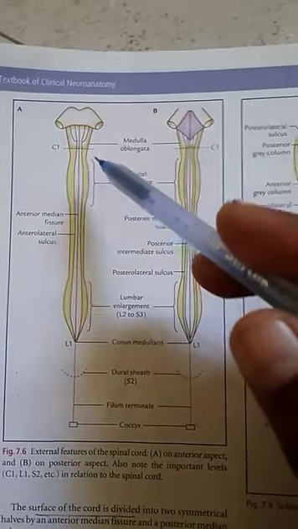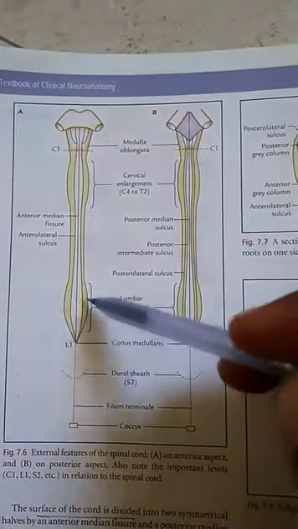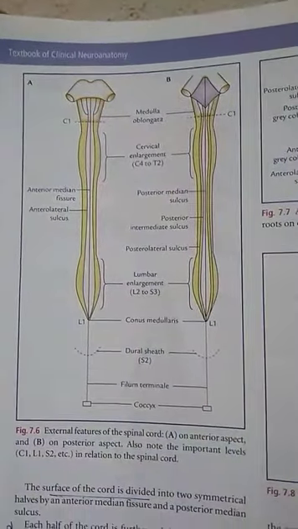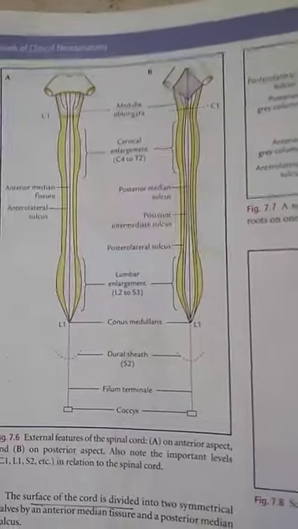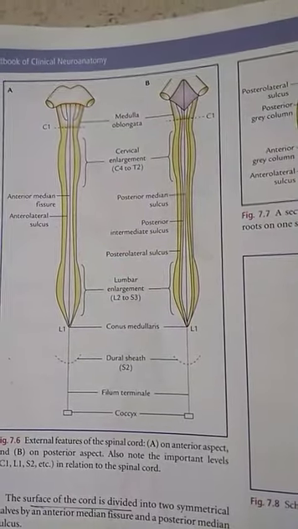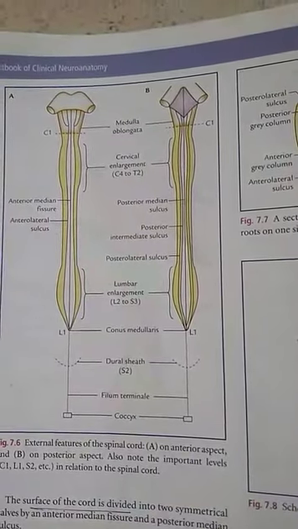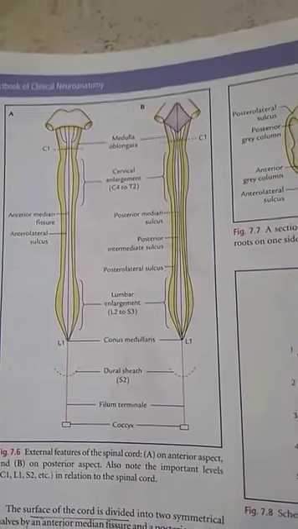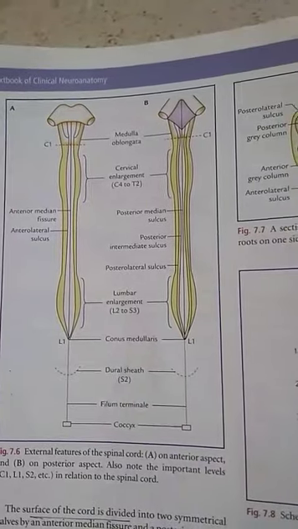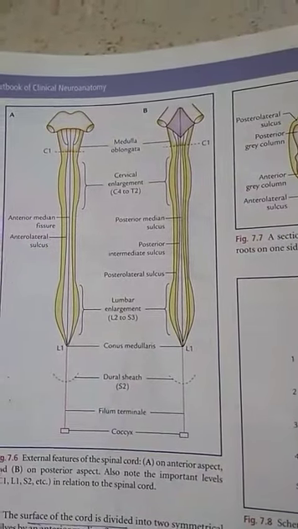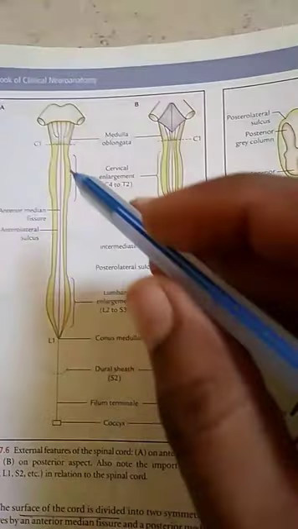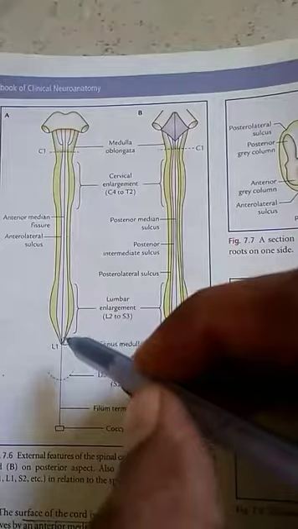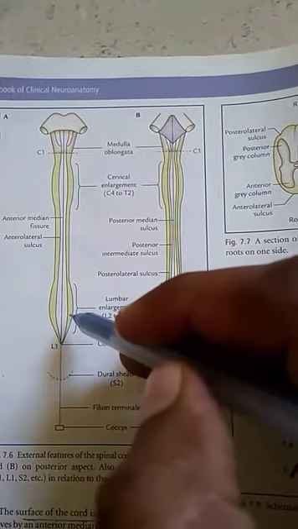So let us now discuss the cervical and lumbar enlargements. The spinal cord is roughly cylindrical in shape with an average diameter of about 1.25 cm. However, opposite to the attachment of the nerve roots that contribute to the formation of the brachial and lumbosacral plexus, the spinal cord presents definite fusiform swellings which are known as the cervical and lumbar enlargements respectively.